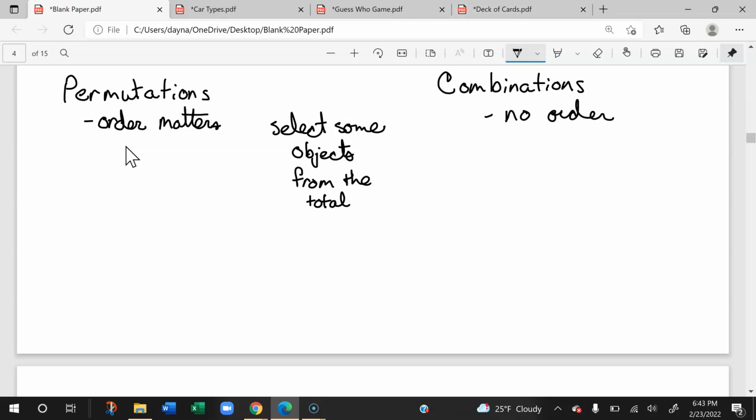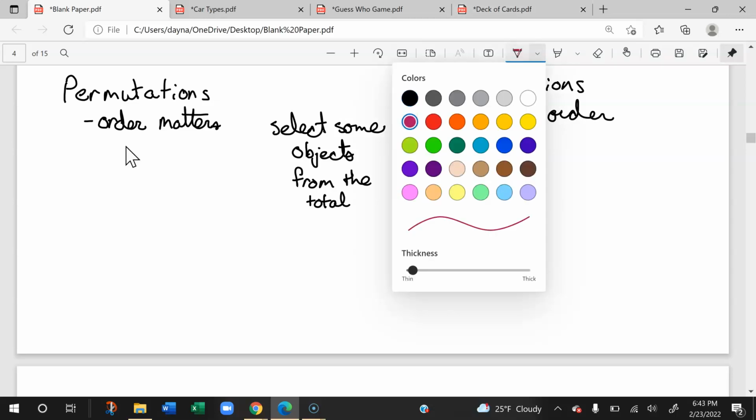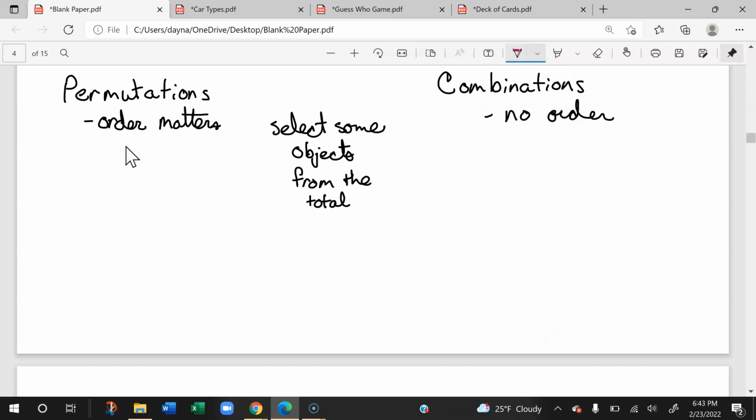So, some examples of permutations would be things such as the order of finishing a race. Because first, second, third place, yeah, it's going to matter which order you finish in.